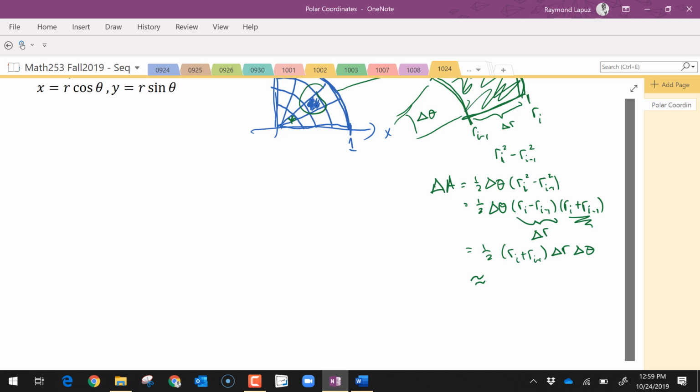So we could just say that's like 2r sub i. As we get larger and larger, and we're going to take the limit as it goes off to infinity anyway, so this is going to be about the same. So it's just going to become twice as much.